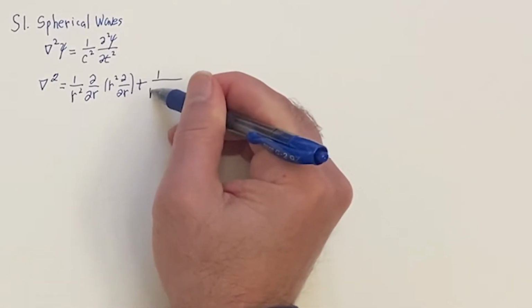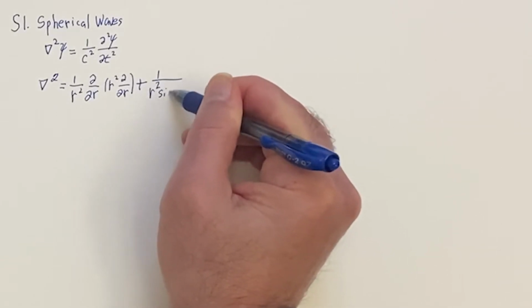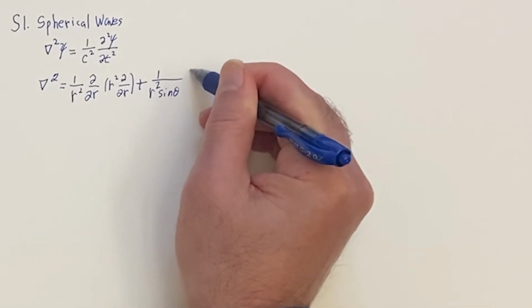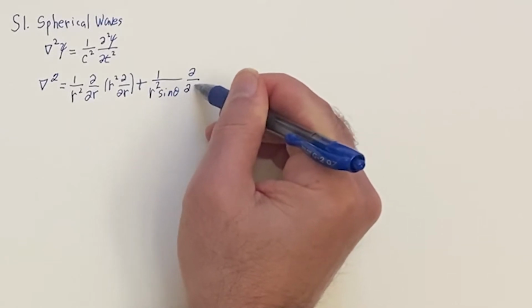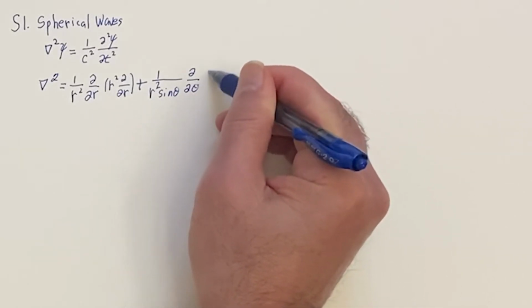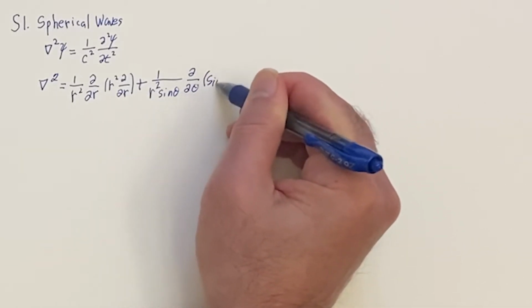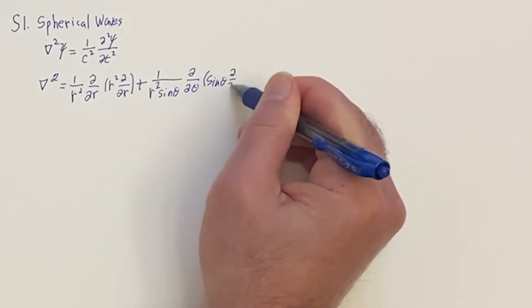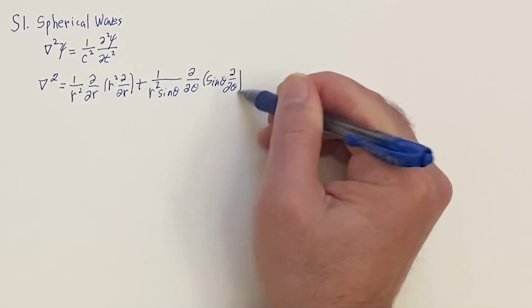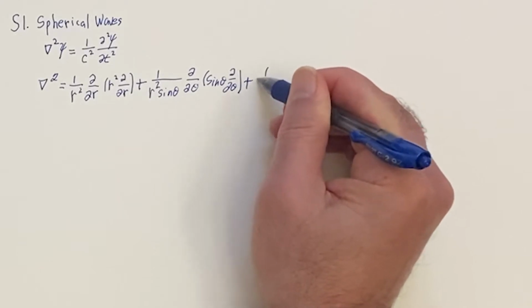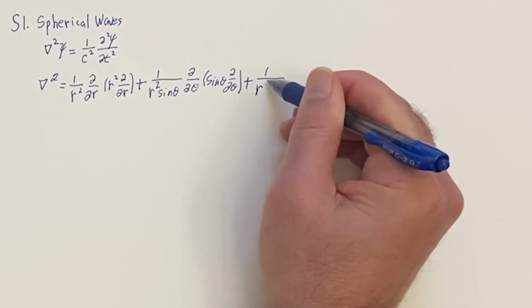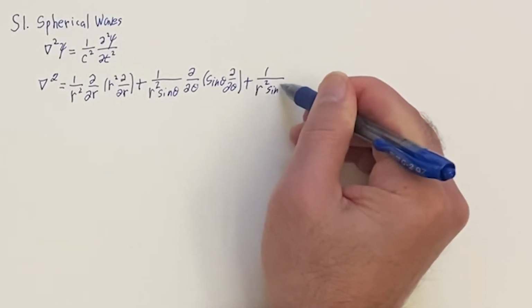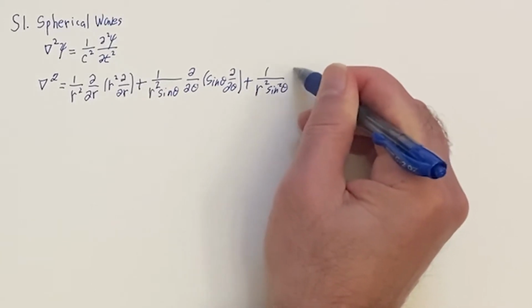Plus 1 over r squared sine of theta, partial with respect to theta, and then finally, for the third dimension, the phi.